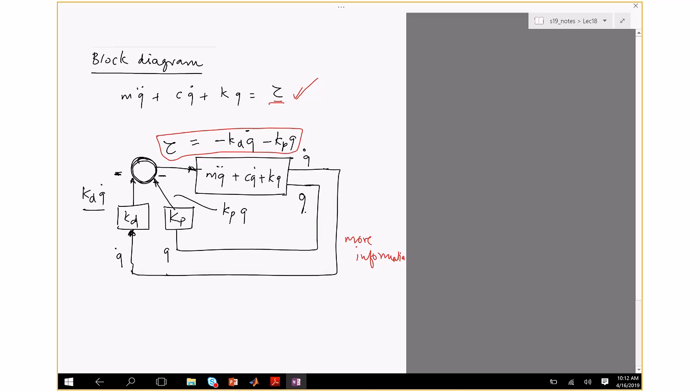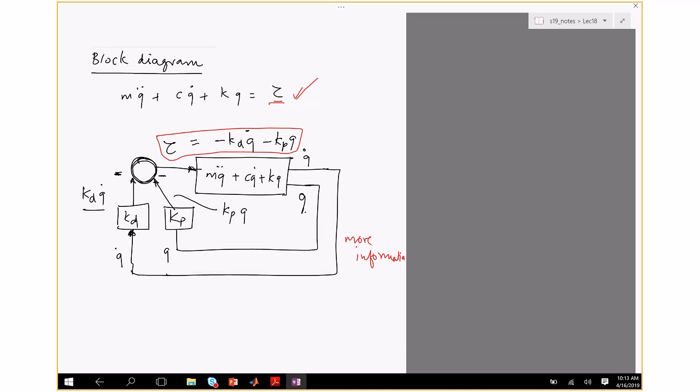Let's move to a slightly more complex system. We talked about a single degree of freedom system, a single spring mass damper, and I showed you that you can control the system by assuming torque equals a PD controller, and then figuring out what you can put for the damping term KD as a function of KP to achieve critical damping.